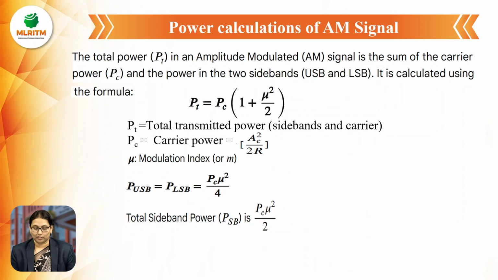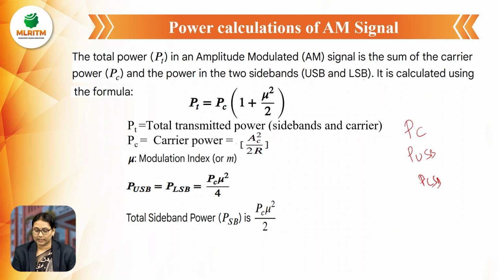Coming to power calculation. The total power in an amplitude modulated signal is the sum of the carrier power and the power of the two sidebands. We know that we have three types of frequencies: carrier frequency, upper sideband frequency and lower sideband frequency. The power of the upper sideband will be P USB and the power of the lower sideband will be P LSB.